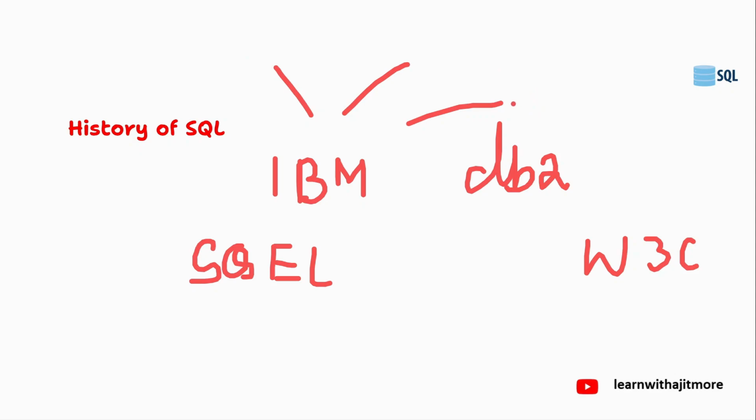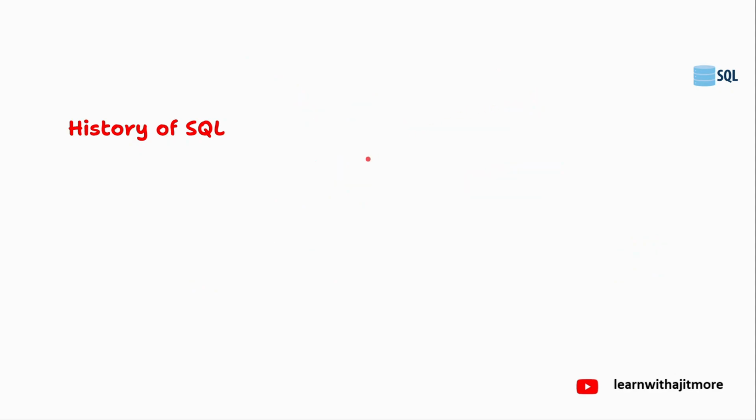So in the market today, whatever database you go to, they all follow that standard with little changes. Mostly the commands are the same, either you go to Oracle, or Postgres, or MySQL. You can say 97, 98% of the commands are similar.